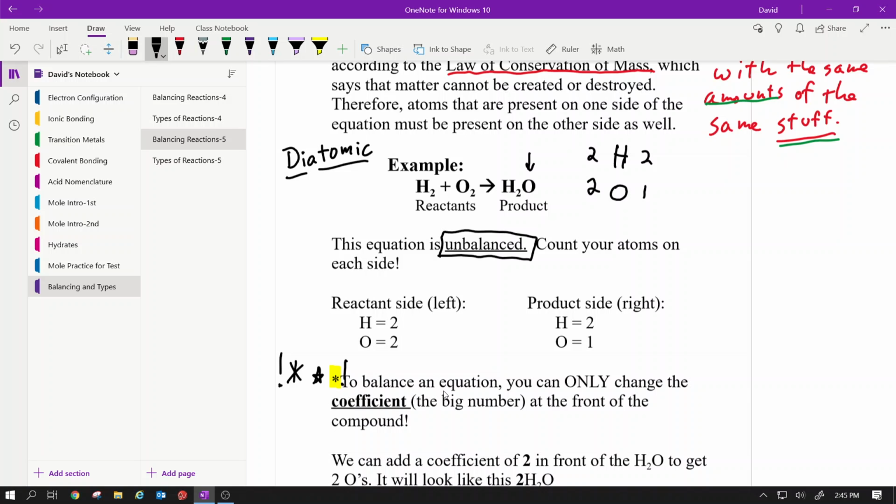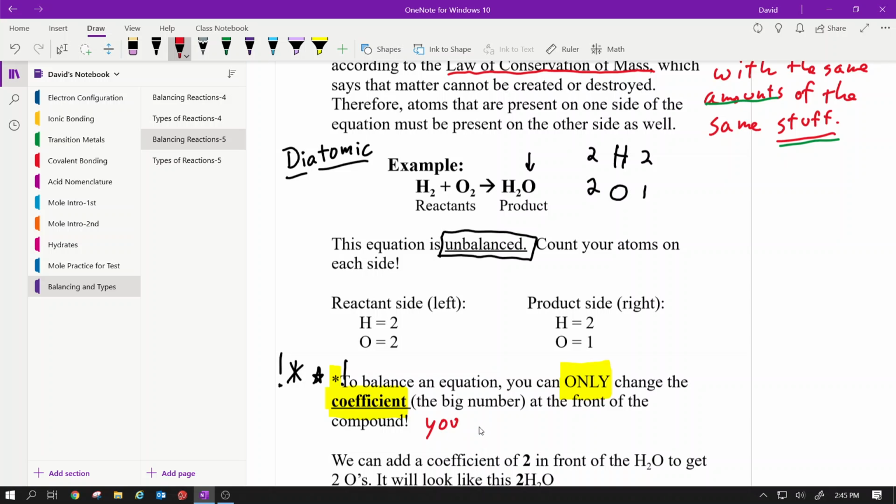To balance an equation, you may only change the coefficient, which is the number in front of the compound.